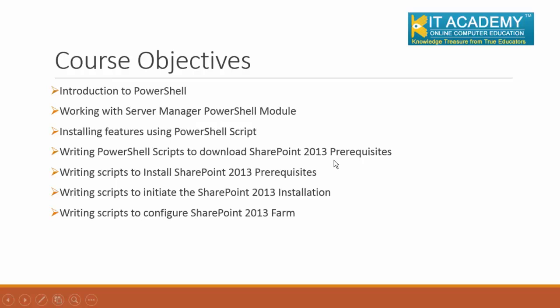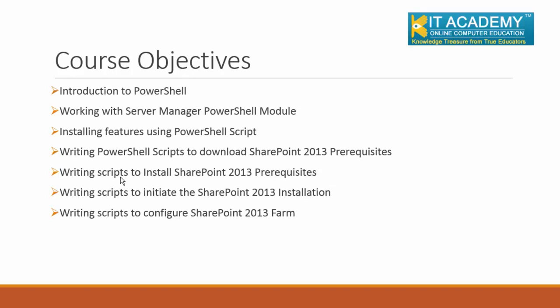I'll show you how we can download those prerequisite files using a PowerShell script itself. Rather than physically opening that URL and downloading the file, we can download these prerequisites through a script. Once that's been done, I'll show you how we can write a couple of scripts to install those SharePoint 2013 prerequisites automatically.